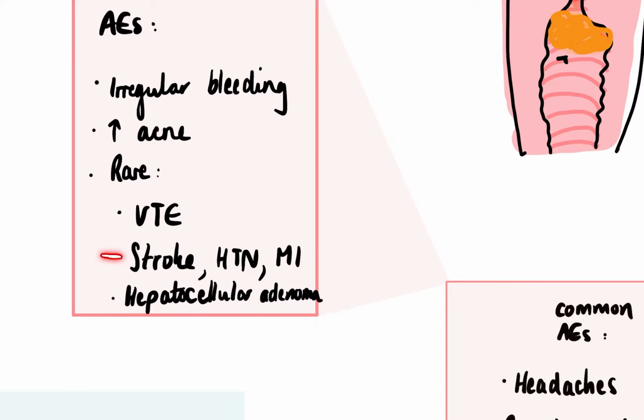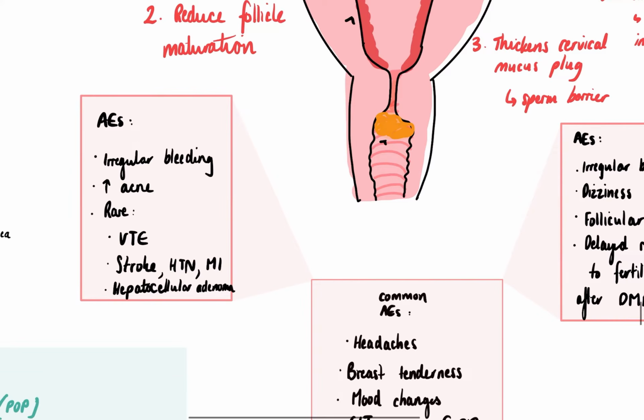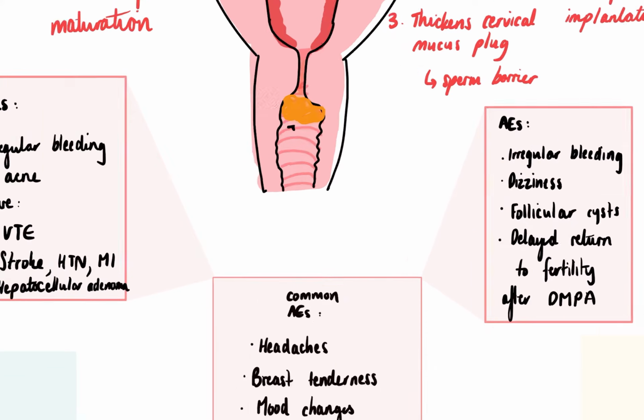Other cardiovascular events such as stroke, hypertension, myocardial infarction, and estrogens are also contraindicated in patients with advanced liver disease because they can cause hepatocellular adenomas. Now, progesterones can cause a different array of things.